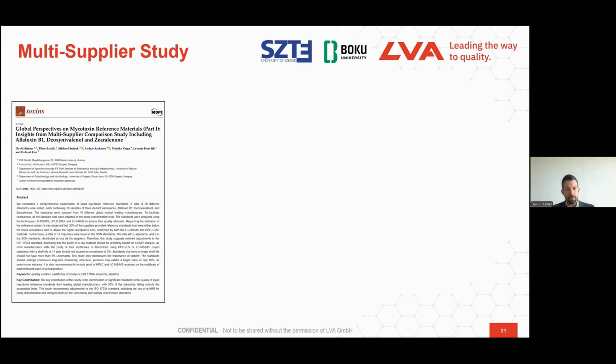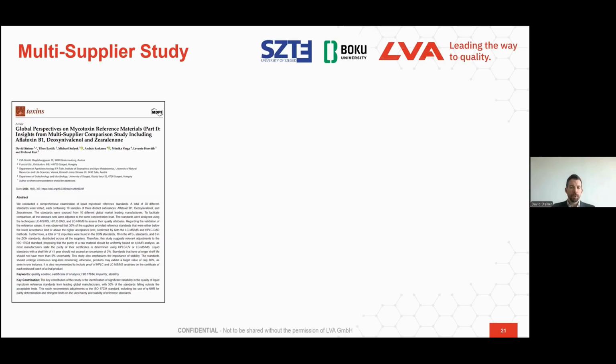And based on this assumption, and also based on our observations, we became curious about the overall quality of reference standards currently available on the market. So about 2 years ago, we conducted a multi-supplier study focusing on mycotoxin standards. In total, we analyzed 30 standards from 10 internationally recognized producers, covering key mycotoxins such as aflatoxin B1, deoxynivalenol, and zearalenone.